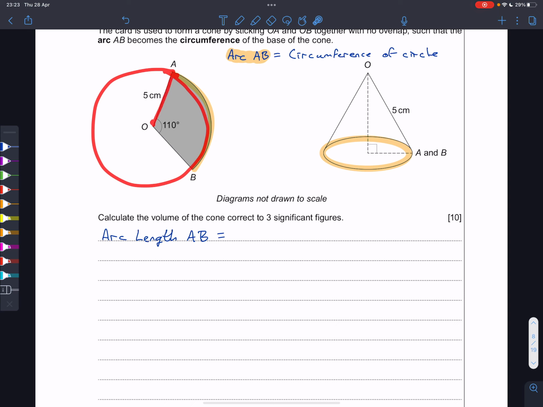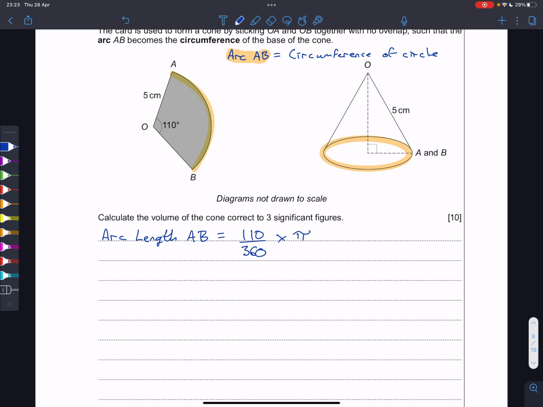It's 110 out of 360, multiplied by pi times diameter. And the diameter of this shape, if the radius is 5 centimetres, is 10 centimetres.